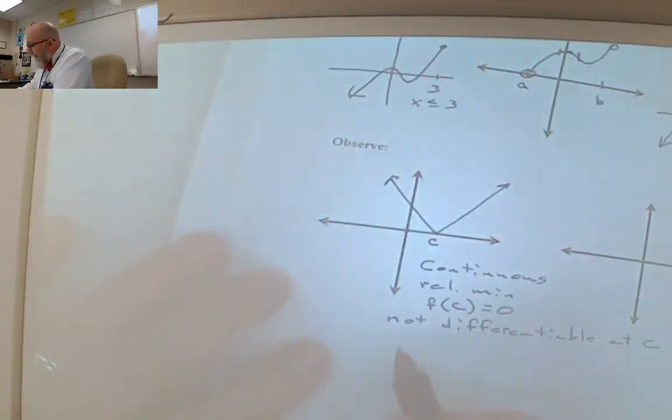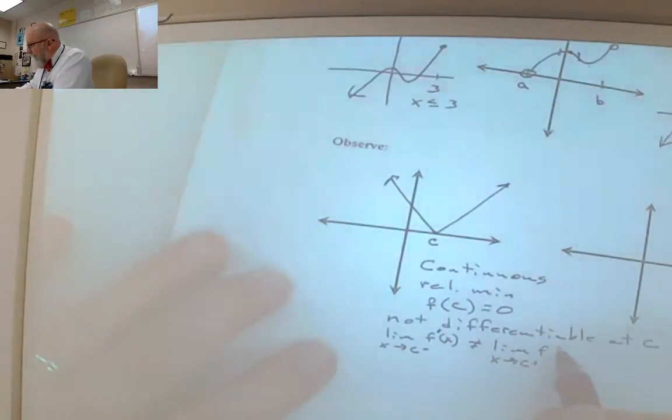You have to say this: the limit as x approaches C from the left of the derivative of x does not equal the limit as you approach C from the right of the derivative of x.